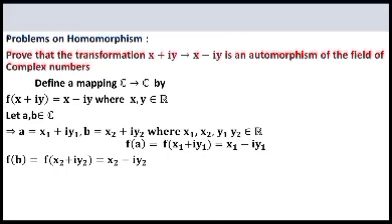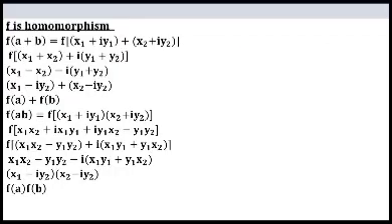Therefore, f of a is equal to f of x1 plus i y1 is equal to x1 minus i y1. Similarly, f of b is equal to f of x2 plus i y2, that is x2 minus i y2. f is a homomorphism, that is f of a plus b is equal to f of x1 plus i y1 plus x2 plus i y2.